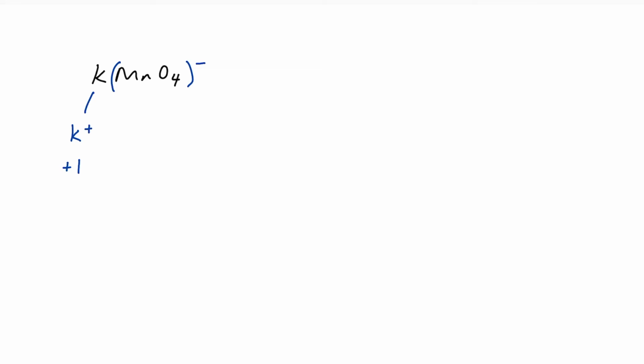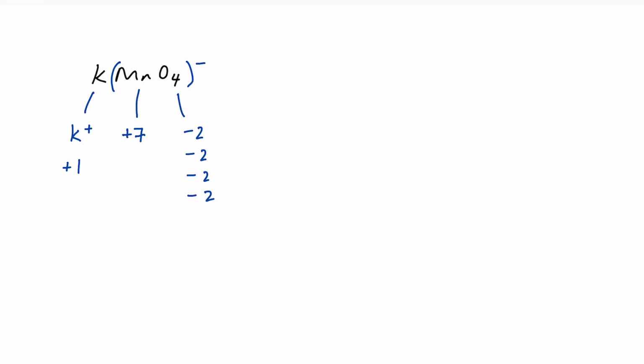Now that I know that that has a charge of -1, I know that oxygen has an oxidation state of -2. There are 4 of them. So the manganese must have an oxidation state of +7, because +7 minus 8 is -1, which is the charge on that particular ion.